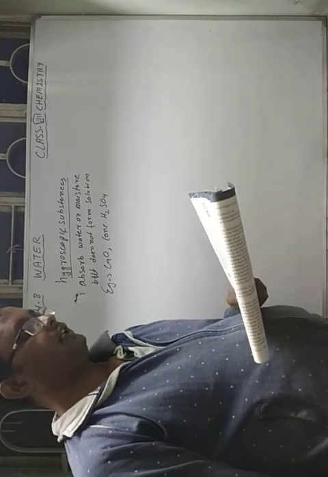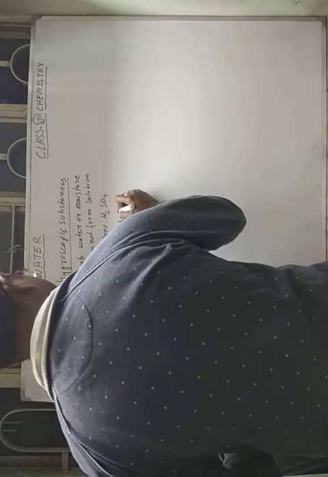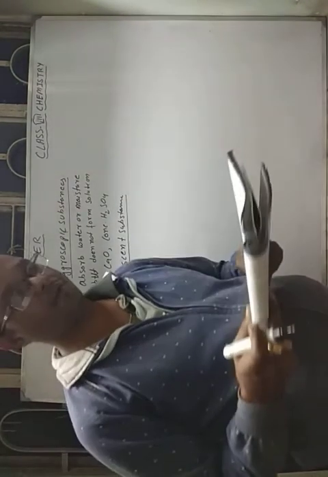Next is deliquescent substances. So what are deliquescent substances? The substances which absorb a sufficient amount of moisture to form an aqueous solution.